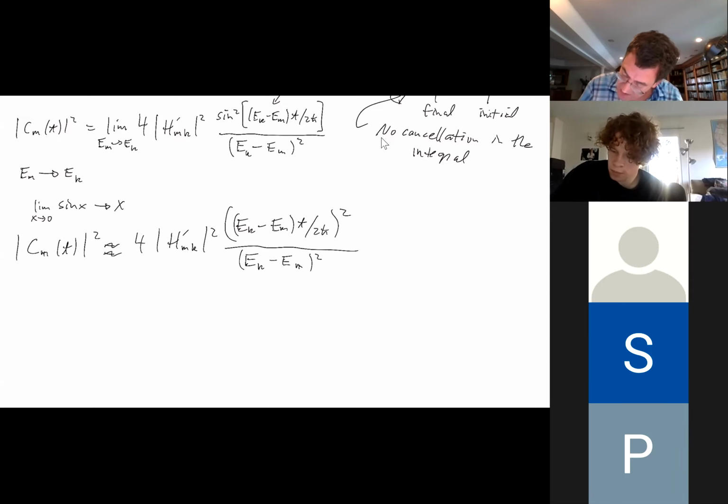We're taking a limit, and so that is equal to 1 over h bar squared times h prime mk squared t squared.